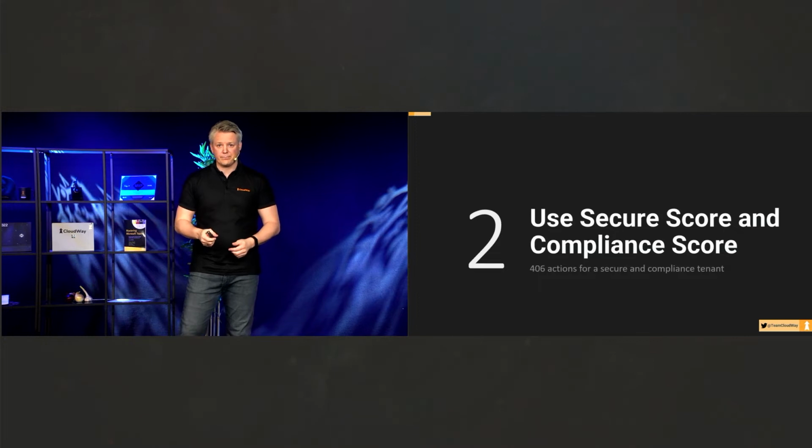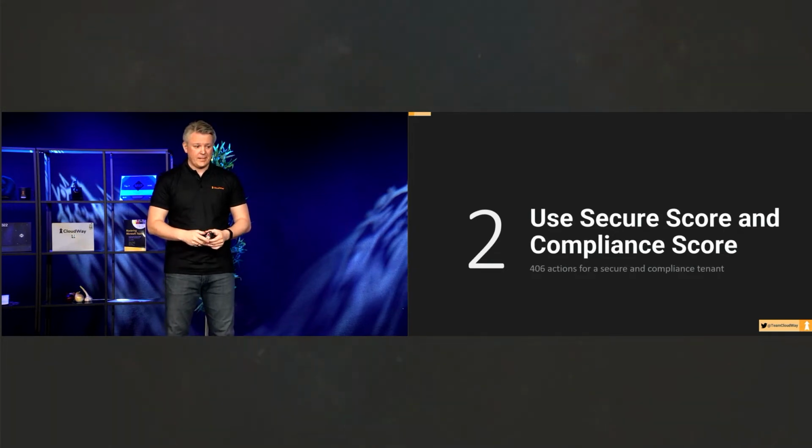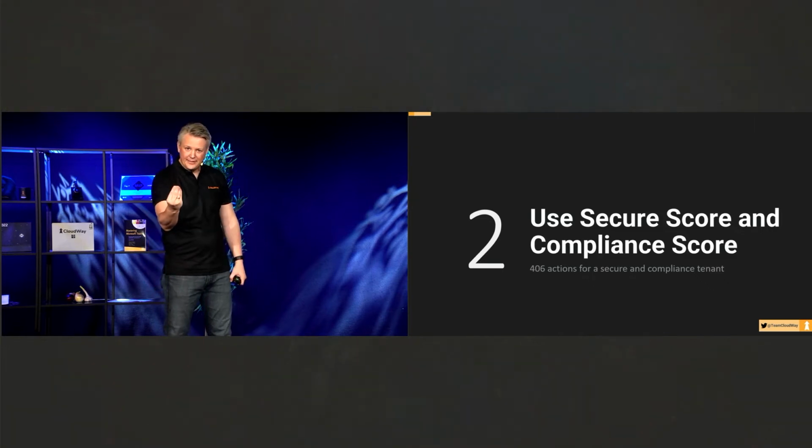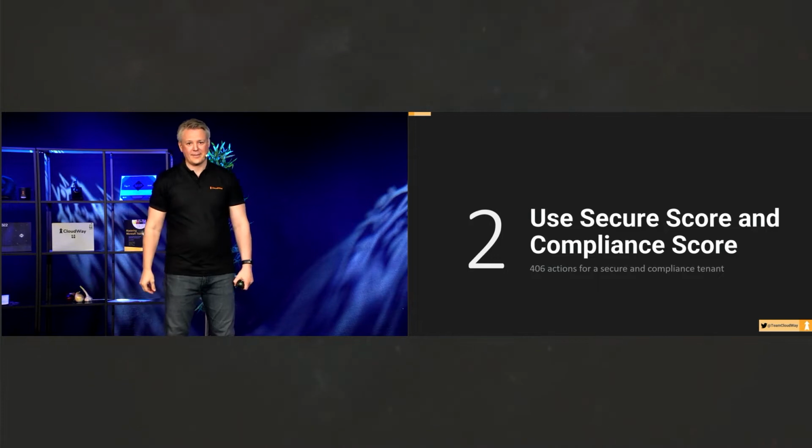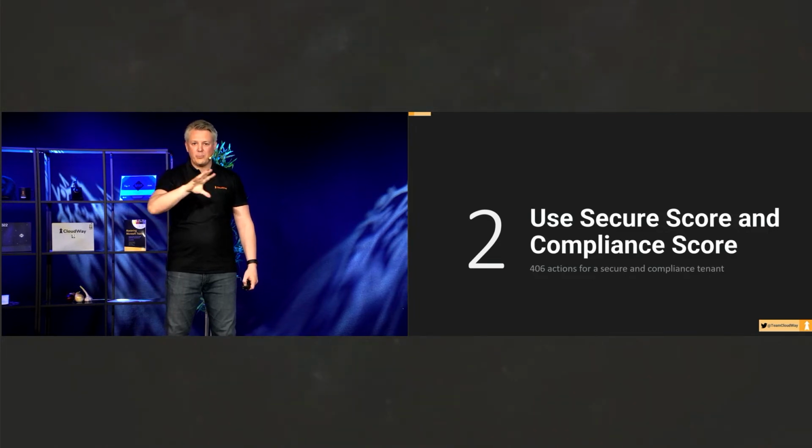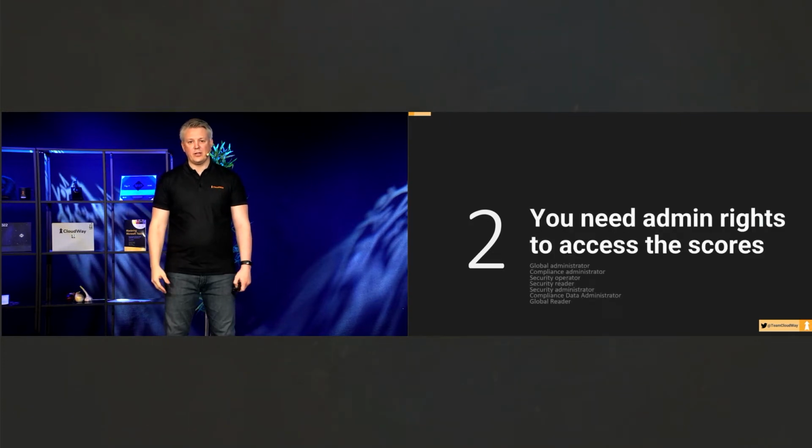Number 2, turns out Microsoft has figured this out for you. It's in the secure score and compliance score. All you need to do is to tap into it. Right? You need to look at it, you need to digest it, and you need to build a process around it. The challenge is, though, you need admin access to get to the secure score and compliance score.